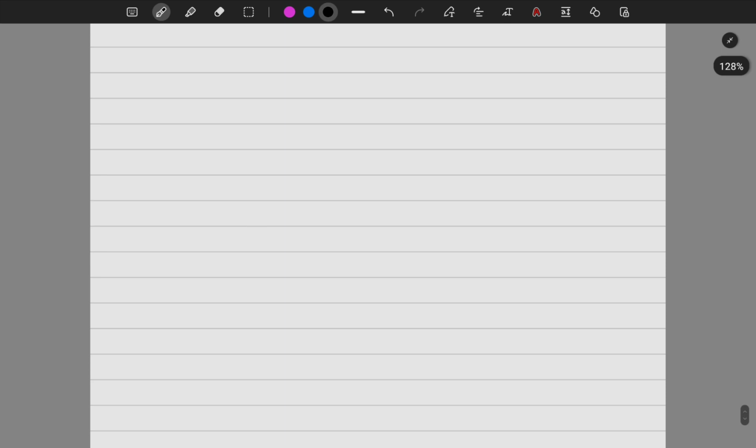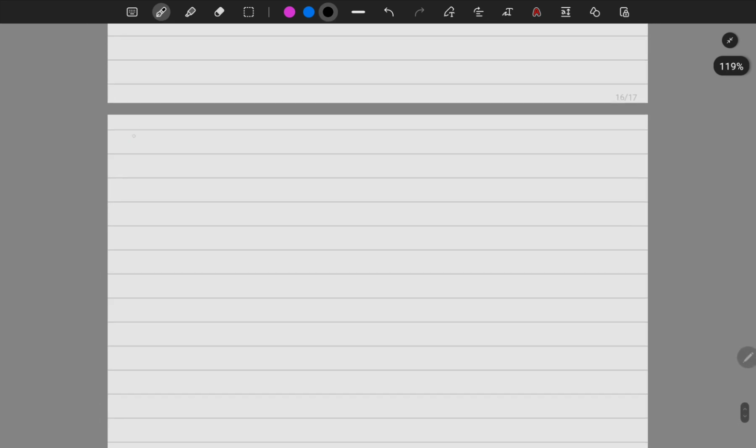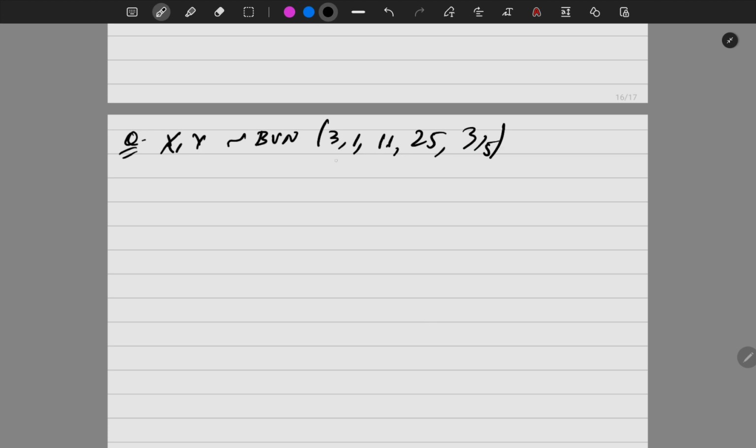So here is a numerical: x comma y follows bivariate normal with parameters 3 comma 1, 16, 25, and 3 by 5. So this is mu 1, this is mu 2, this is sigma 1 square, this is sigma 2 square, and this is rho.